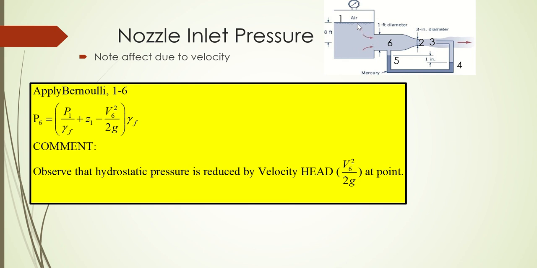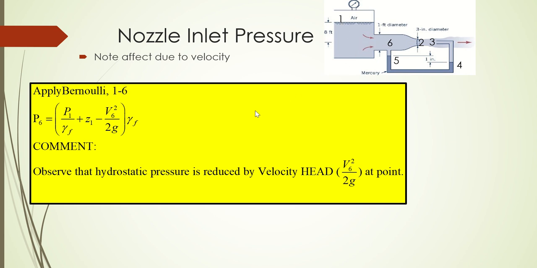But note that as my velocity increases as I flow into the nozzle, that decreases my pressure. So pressure and velocity are inversely proportional to each other. As I increase velocity here, that means that my pressure has to come down.